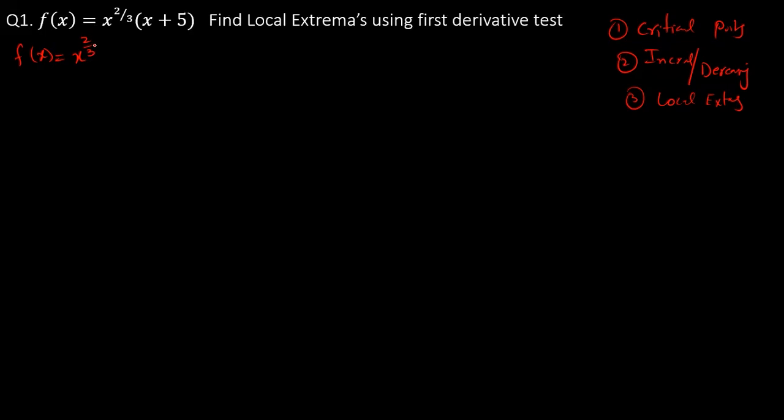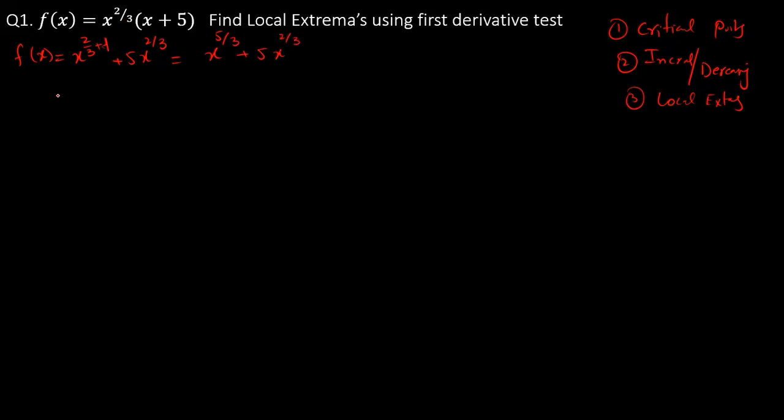So I will write it directly here, powers add. So this is 1, and then plus 5x power 2 by 3. So this will give us x power 5 by 3 plus 5 x power 2 by 3.